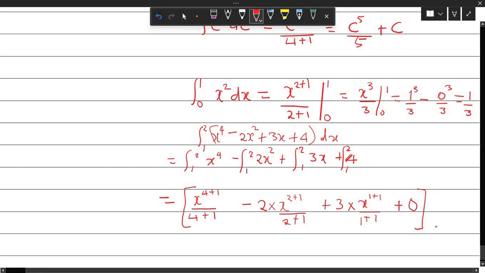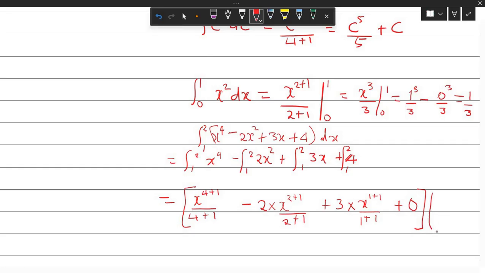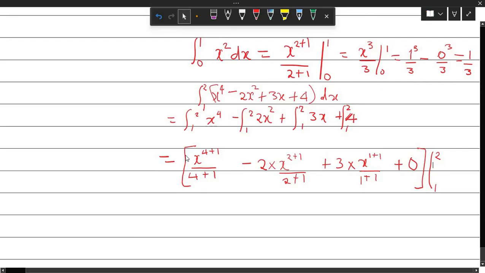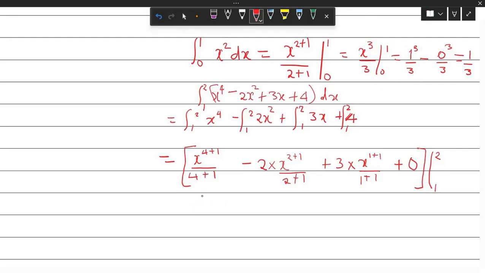and put our limits here. Then we can also write a line and say we are integrating from 1 to 2. Okay, so let's just simplify it a bit.